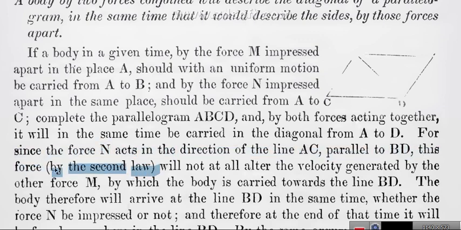It is written that this force N, when it acts in this direction, has no influence upon the force M. So when both M and N are applied together, there must be a certain resultant. And basically Newton is saying that when both of them are applied, then the resultant force will be AD.